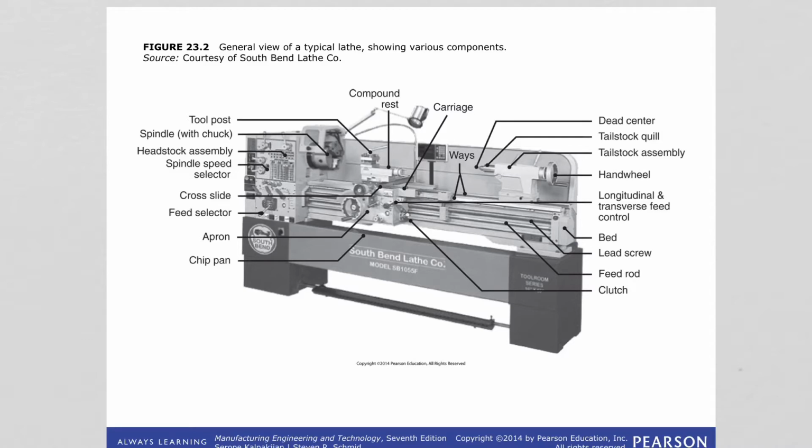And this is a typical lathe for the machining operations that we have just described. They are performed on a lathe, and these lathes are available in a wide variety of designs, sizes, and capacities. They can have computer controlled features.